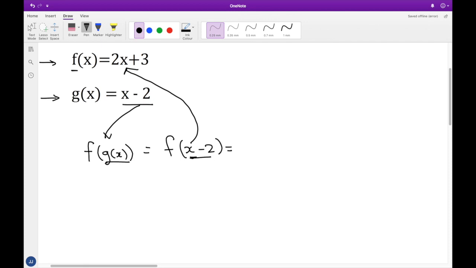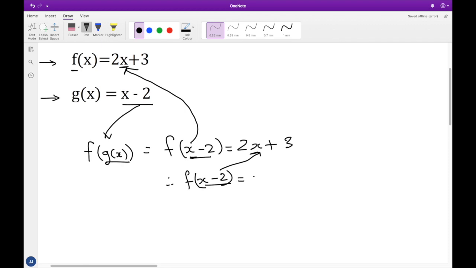So what we're actually doing is putting a function inside of another function. I am going to substitute the function g of x inside of f of x. So now that I have g of x here, I will put g of x anywhere I see this x. Now the f of x is 2x plus 3, right? So therefore, the f of x minus 2 is taking this x minus 2 and putting it anywhere I have x.